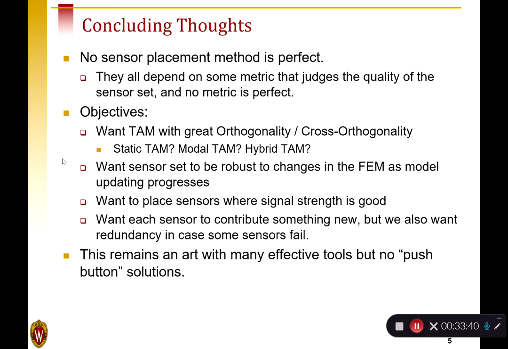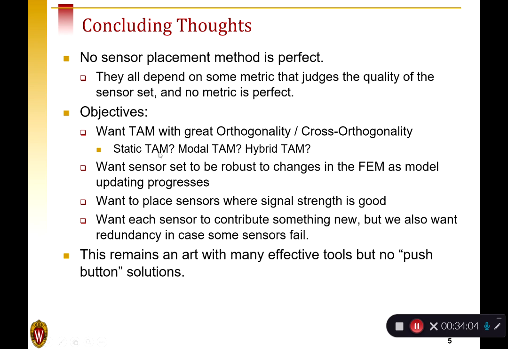We've focused on detecting the modes and distinguishing the modes in this lecture. But there are really a lot of other things we might think about. The orthogonality and cross-orthogonality of the TAM. That does have to do with the distinguishability of the modes, but it can vary depending on what kind of TAM we're using.